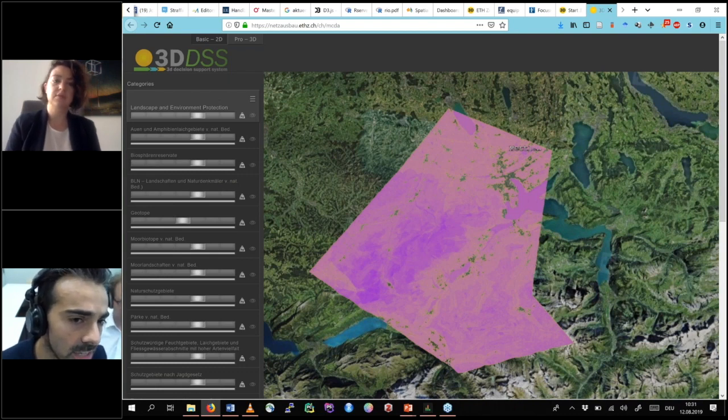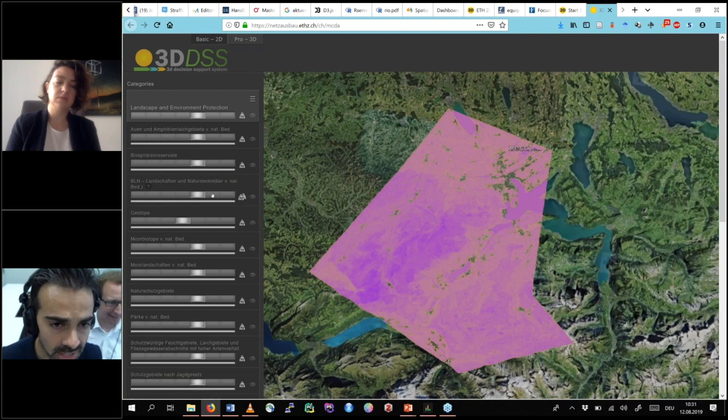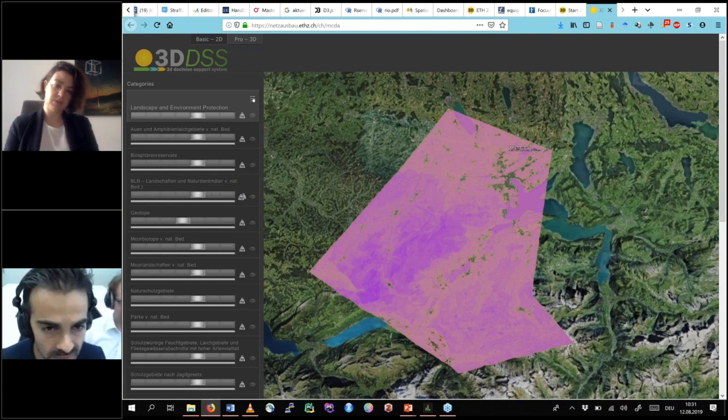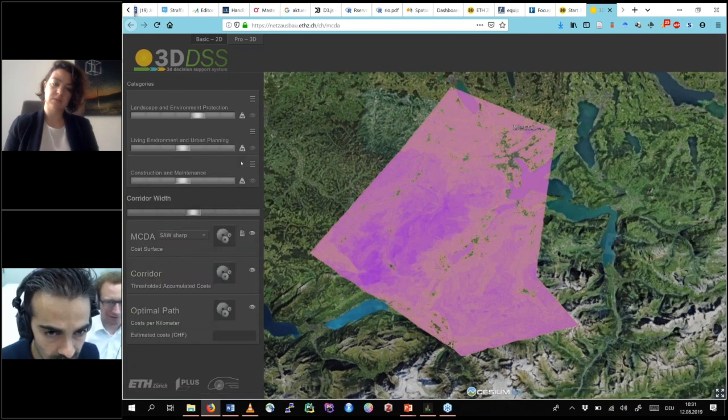And you can easily change the weight, based on your interest, of how much you want to protect a specific area. And you can define resistance according to the legal base. In our model, we have right now 33 such factors.